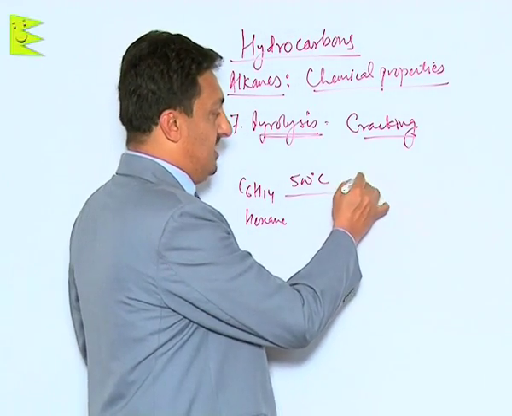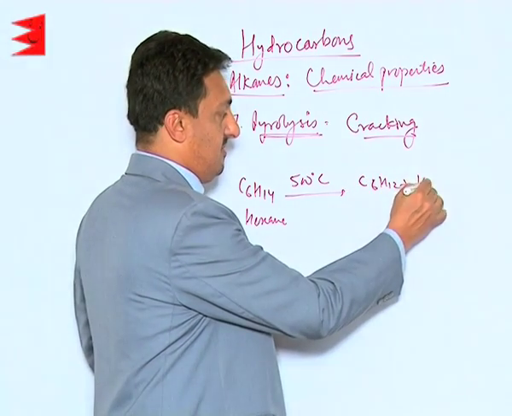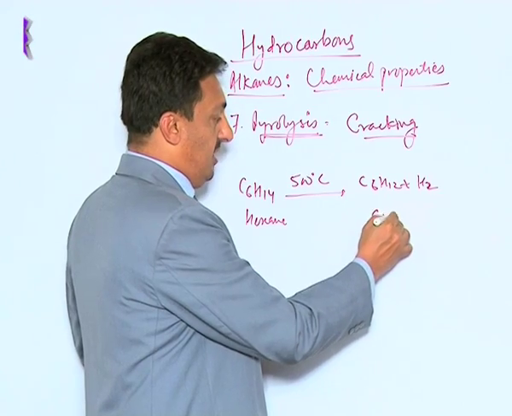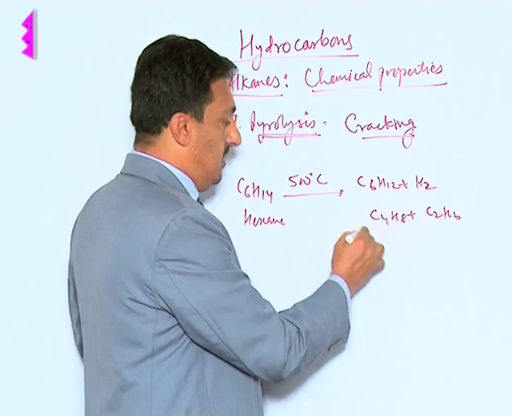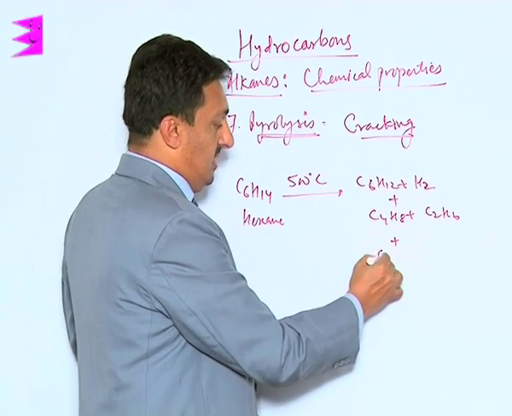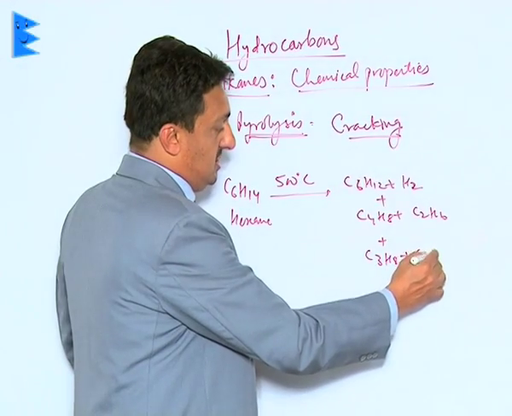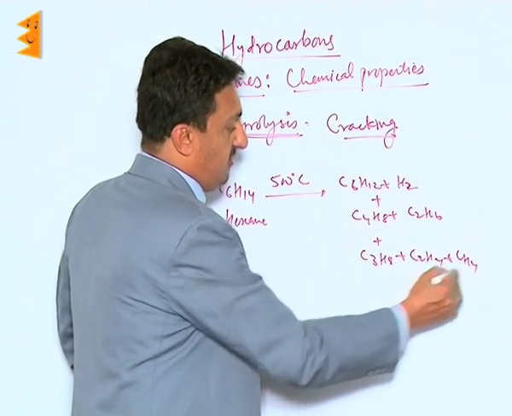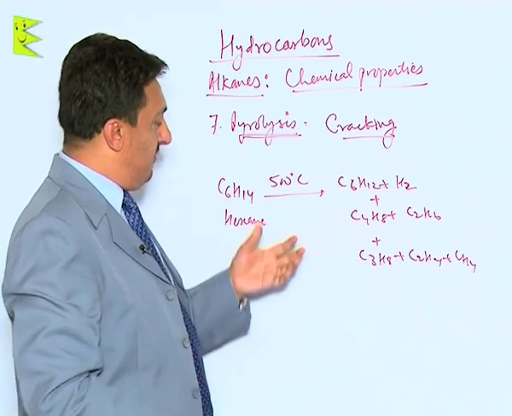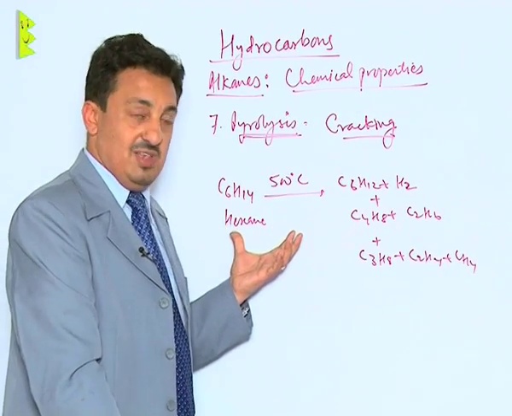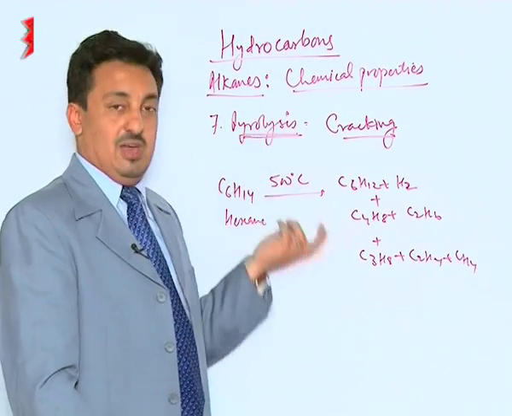So we get C6H12 plus hydrogen gas, C4H8 plus C2H6, and also C3H8 plus C2H4 plus CH4. All these different products are formed, and the breaking down of bigger hydrocarbon chains of alkanes to smaller ones is called cracking of alkanes, and basically it's a pyrolysis.